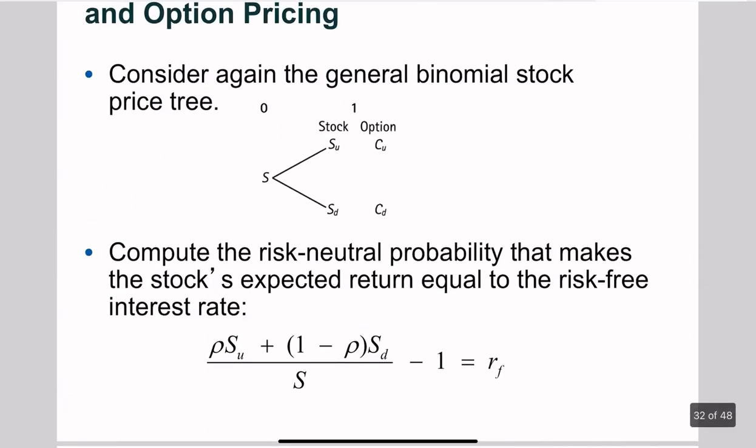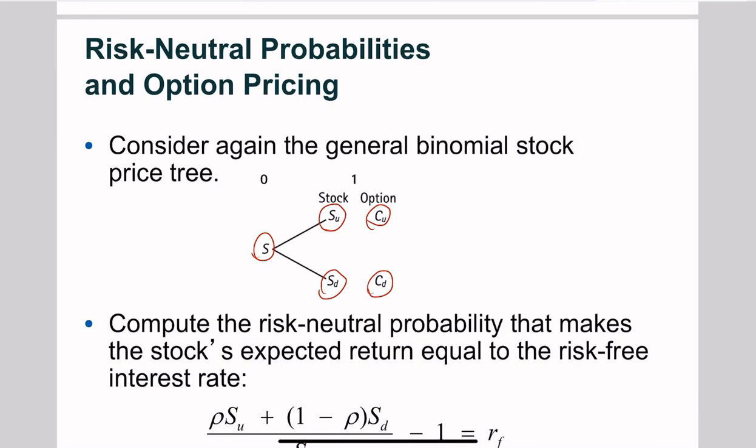Okay, now we can actually generalize this process. Let's say we have a stock whose price is SU or SD tomorrow, and for the option, the payoff would be CU and CD. Now we can find this risk-neutral probability, right?